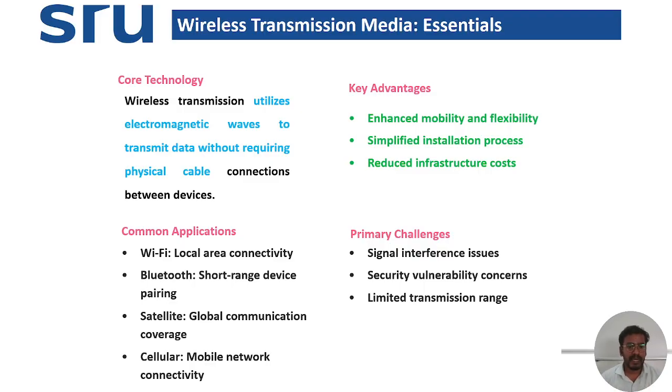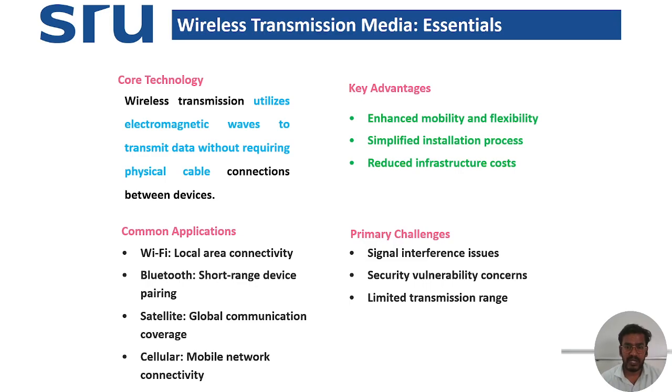Common applications include Wi-Fi for local area network connectivity, Bluetooth for short-range device pairing, satellites for global communications coverage, and cellular mobile network connectivity. Key advantages are enhanced mobility and flexibility, a simplified installation process, and reduced infrastructure costs.